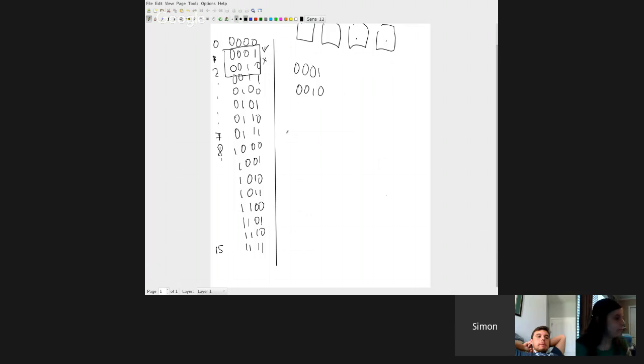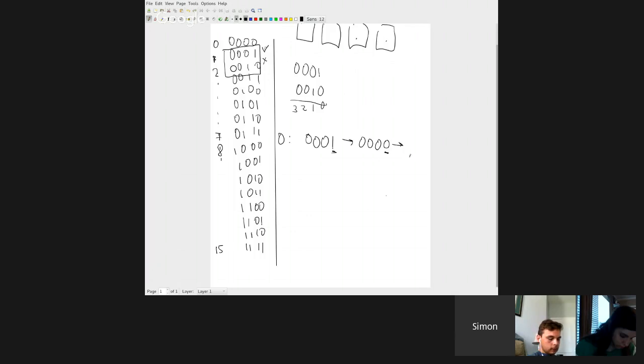If, for example, the least significant bit, with 0 index, starts first, then from 0001 we're going to change to 0000. So we change the least significant bit. And then we want to change the next bit, which will be 0010.